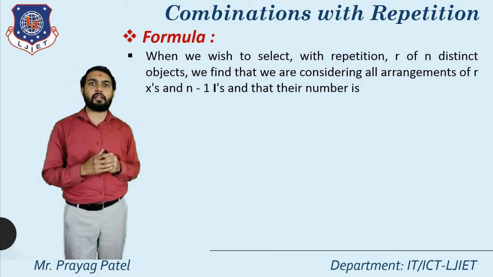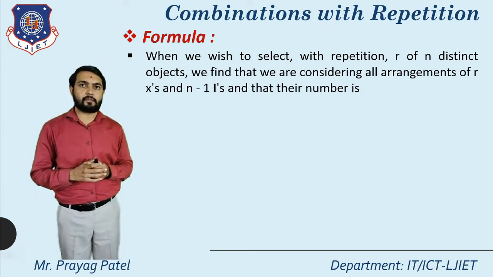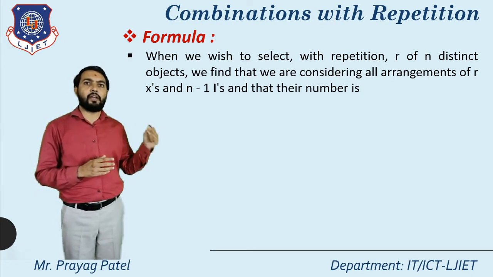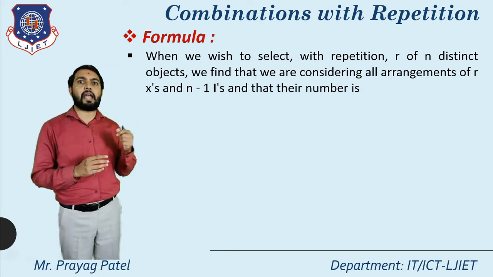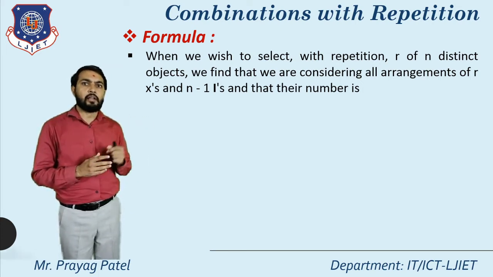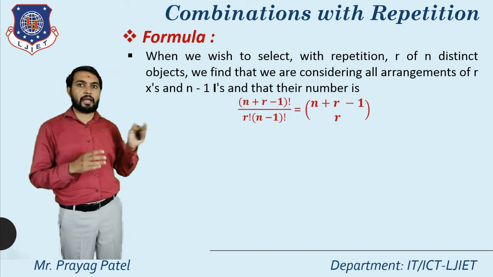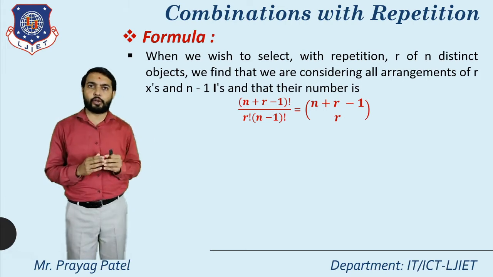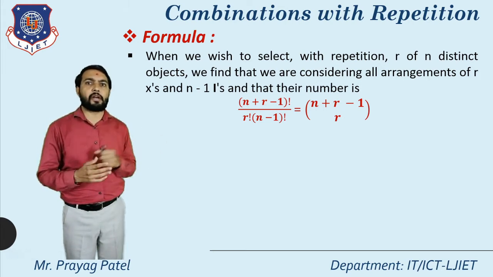Now after that, the common formula for this type of problem. When we wish to select with repetition R of n distinct objects, we consider all the arrangements of R x's and n minus 1 bars, and their number is represented by n plus R minus 1 factorial divided by R factorial into n minus 1 factorial.